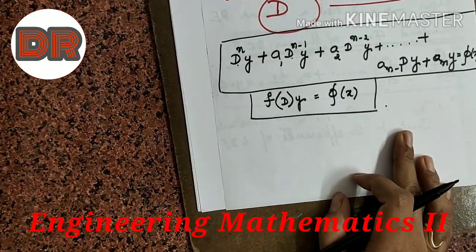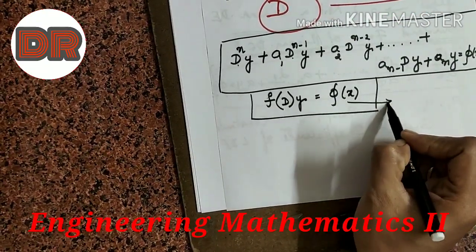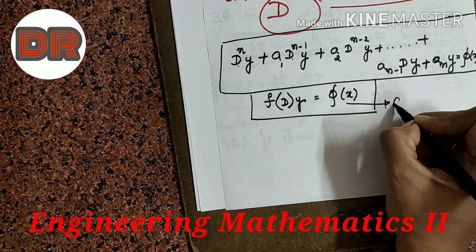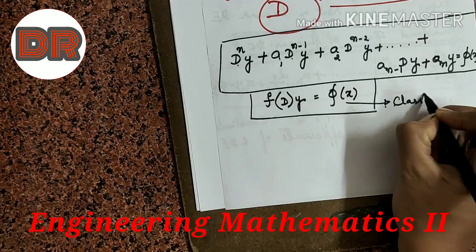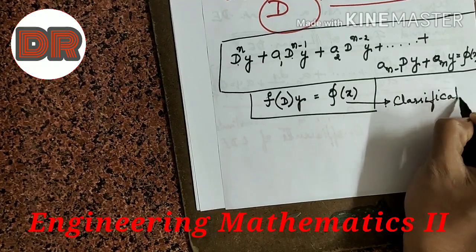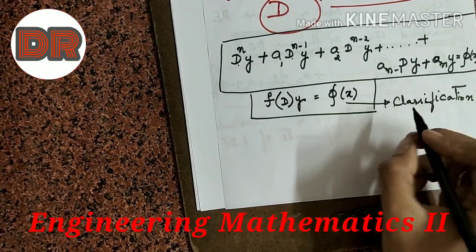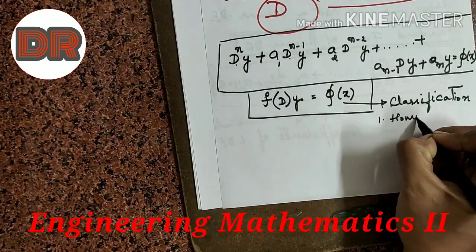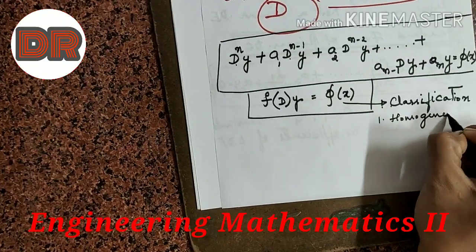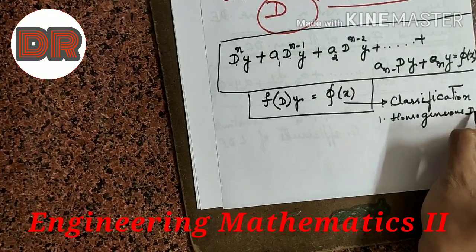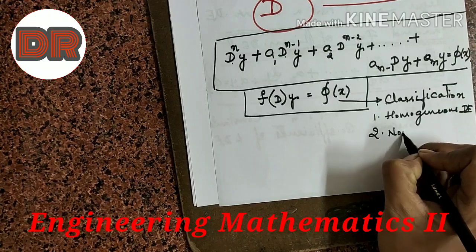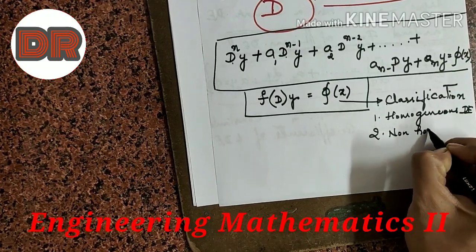Now, depending on the value of phi of x, we can classify differential equations into two types. The first one is the homogeneous differential equation, and the second one is the non-homogeneous differential equation.